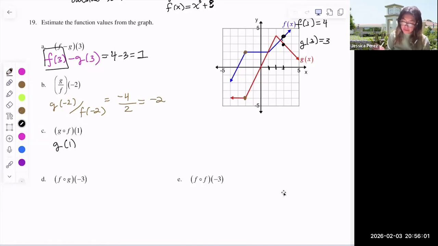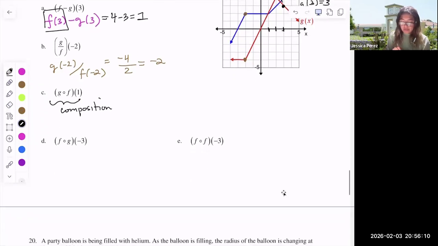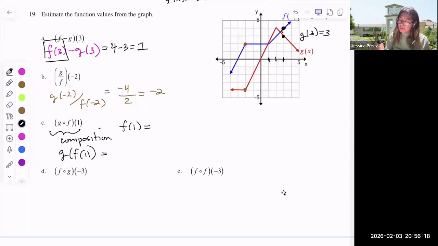And then you have g of 1. Oh, sorry, this is a composition now. So this is not multiplication. This is a composition. So this is g of f of 1. So first you have to find f of 1. F of 1, it's the blue f. F of 1 is 2. So then this is actually g of 2.